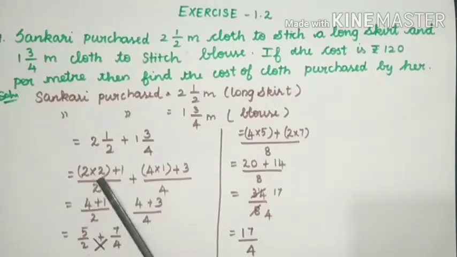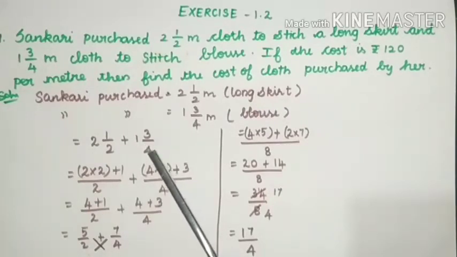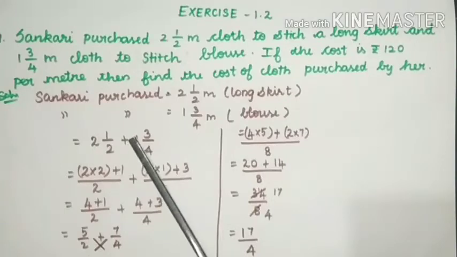That is 2 into 2 plus 1 divided by denominator 2. Plus, it is similar for this fraction also. 4 ones are 4, 4 plus 3. See, 4 plus 1 is 5, 4 plus 3 equal to 7. 5 by 2 plus 7 by 4.